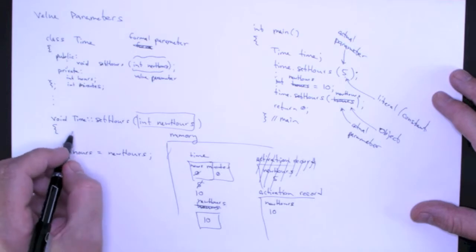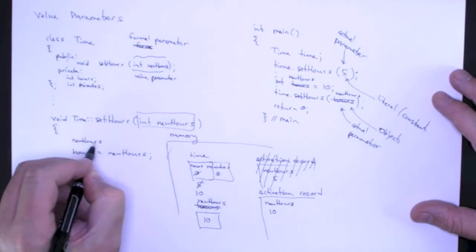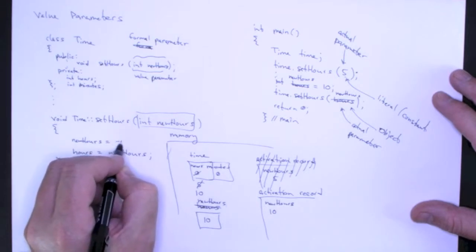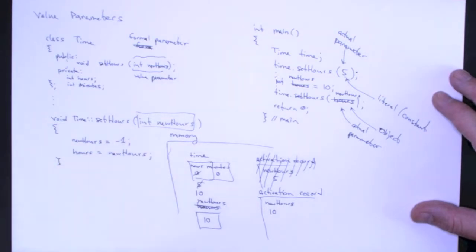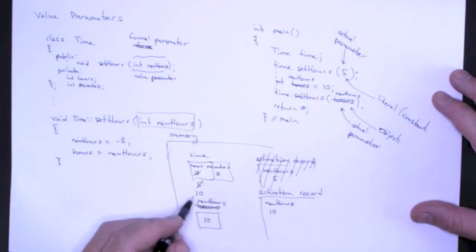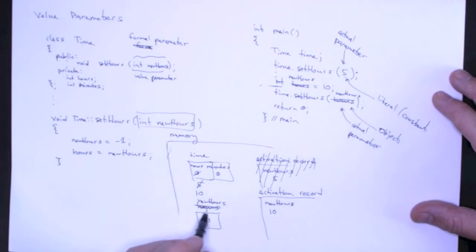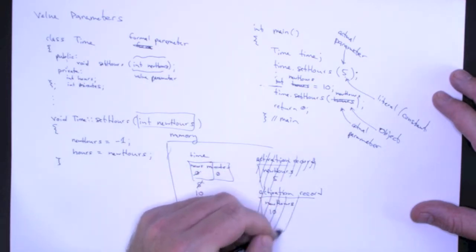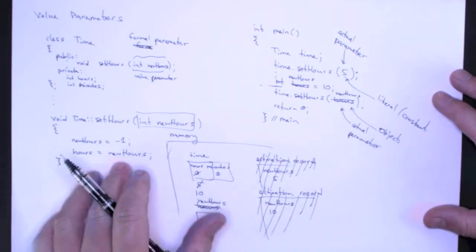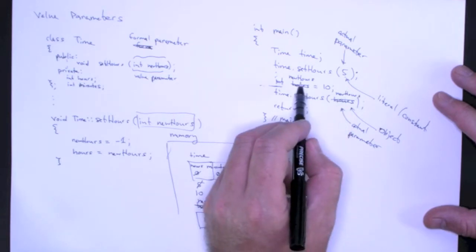So let's say, for example, here I set new hours to, I don't know, -1. Let's just do that. Okay. Let's see how this is going to execute. So let's say that execution is right here. So I have this variable new hours with 10, and I'm going to call set hours and pass in this variable new hours.